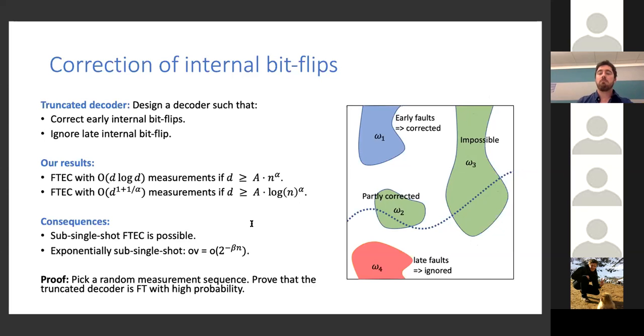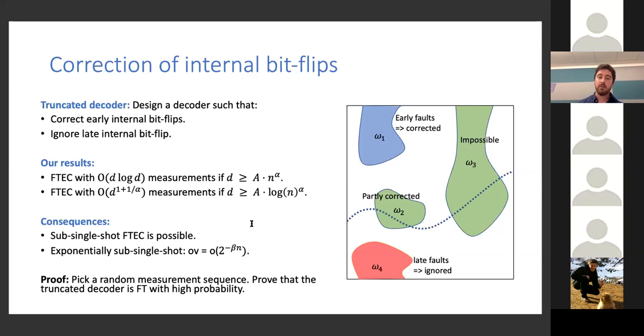Once we have this decoder, the argument becomes simple. We just pick a random sequence. We prove that this truncated decoder works with high probability, and it corrects all the faults that we need to correct for fault tolerance. So we can prove that we have fault tolerance with a random sequence.